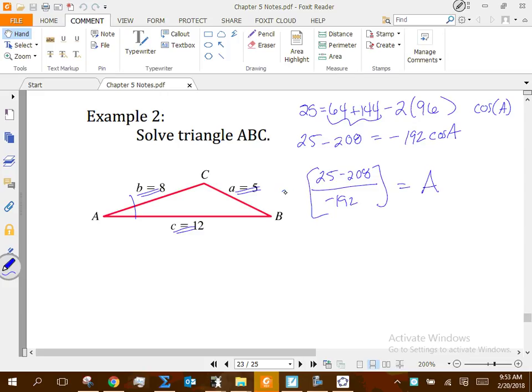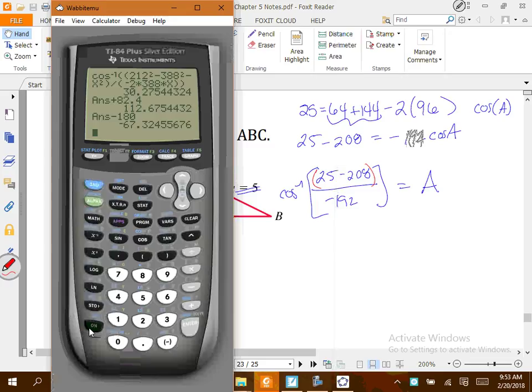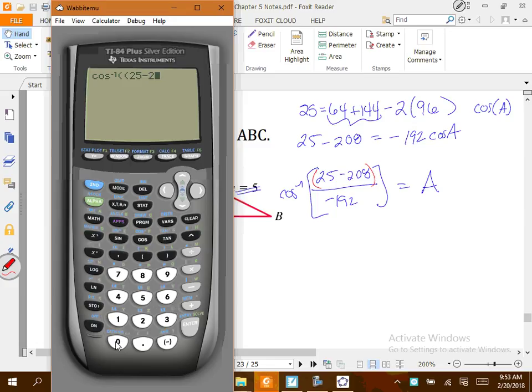So if I take the inverse cosine of both sides, it gives me A, right? The only thing here, you want 25 minus 208 divided by negative 192, right? If I don't put parentheses around that, my calculator won't do the order of operations the way I want it to. So second cosine, parentheses 25 minus 208.